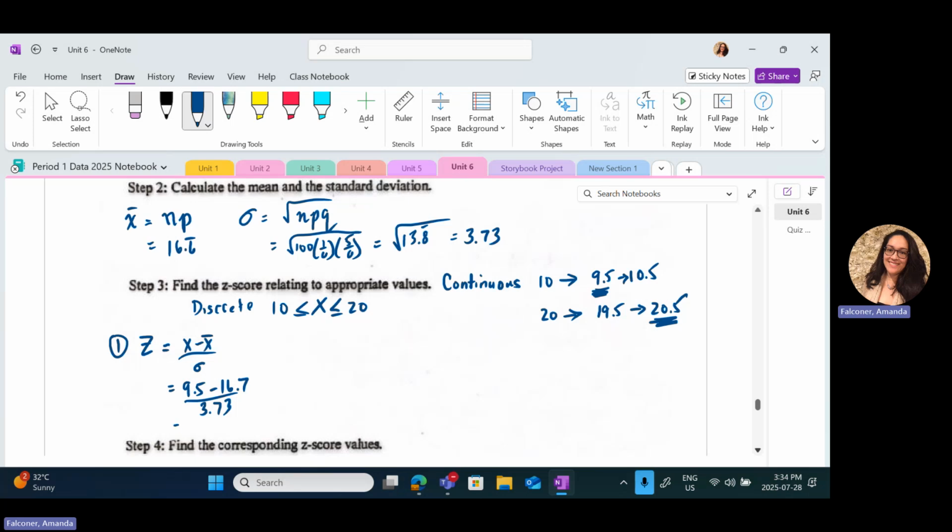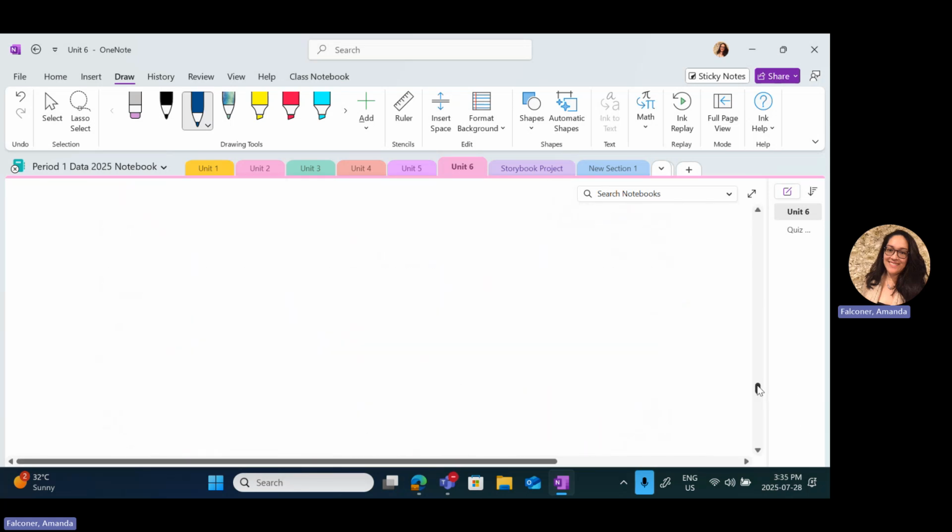So that is going to be negative 1.93. I've got to look that up and then come up with its percentile.